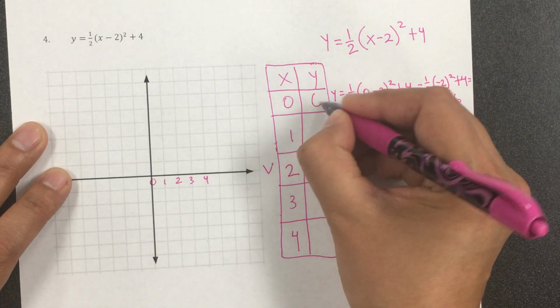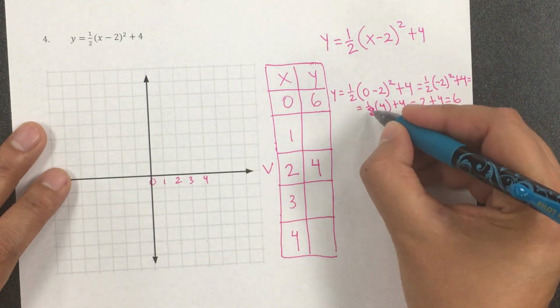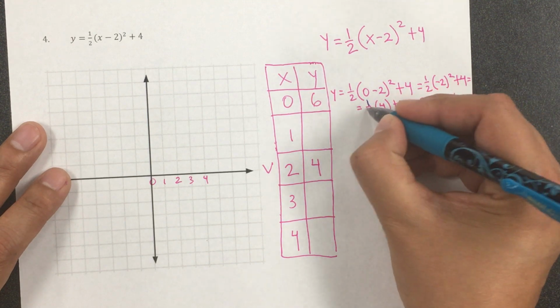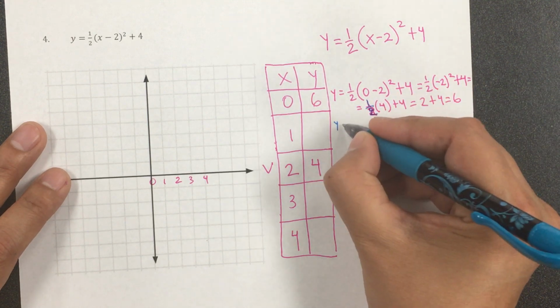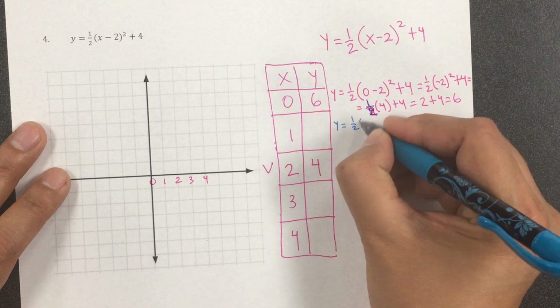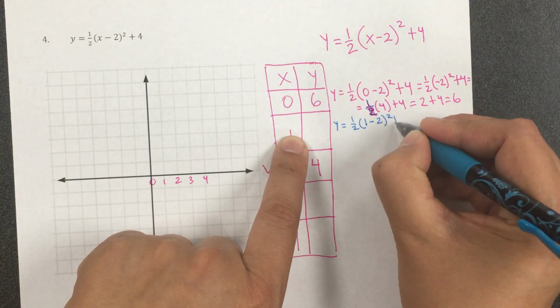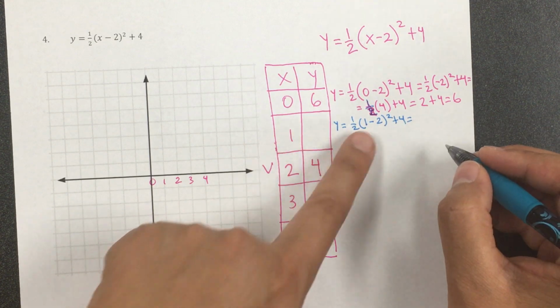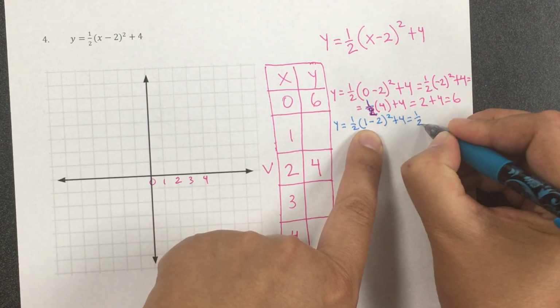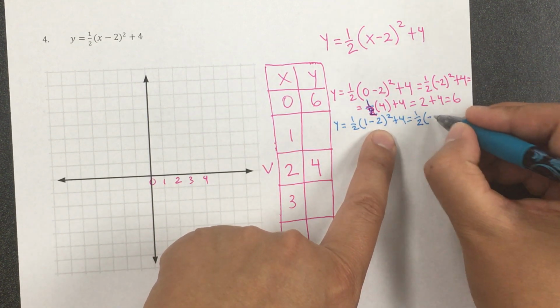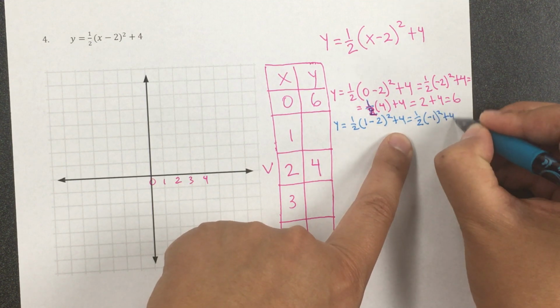That gives me 6. This is 1/2, not 1/4. I'm sorry. So the next one is y equals 1/2 times (1 minus 2) squared plus 4. 1/2 times (1 minus 2 is -1) squared plus 4.